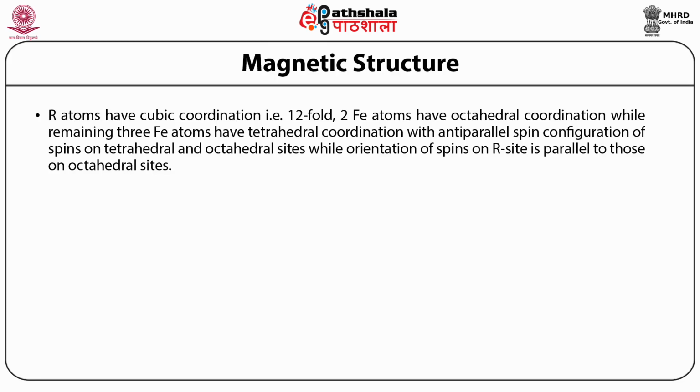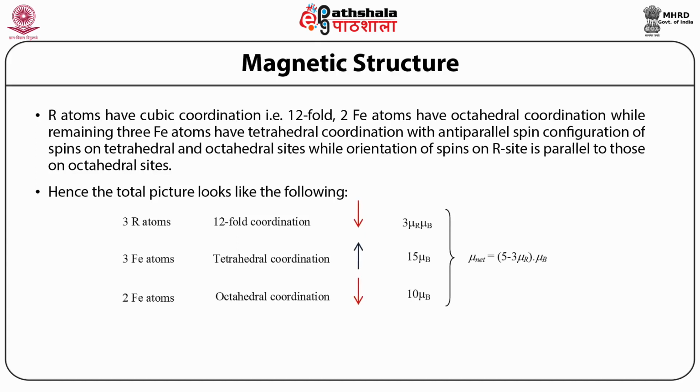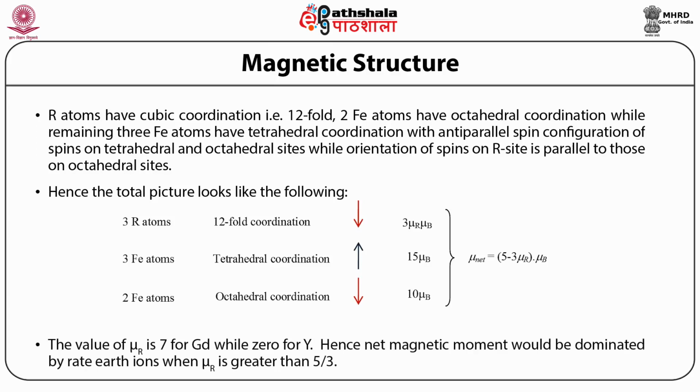This shows the total picture of how the magnetic moments in the garnets per unit formula. So here the net magnetic moment is (5 minus 3μR) multiplied by μB. The value of μR is 7 for Gd, while it is 0 for Y.